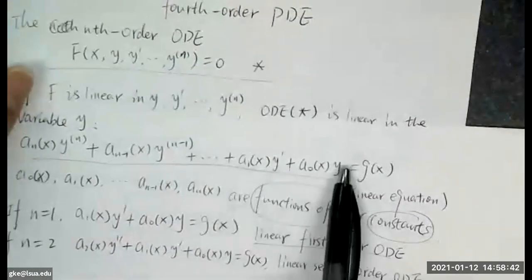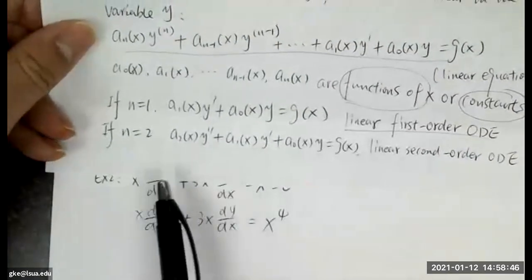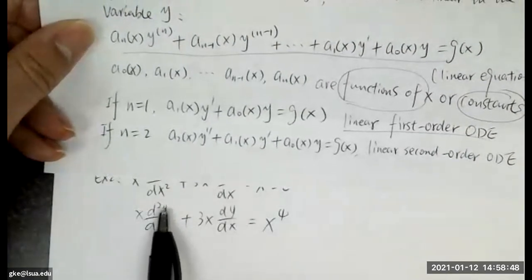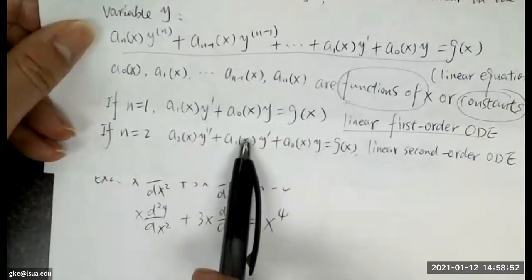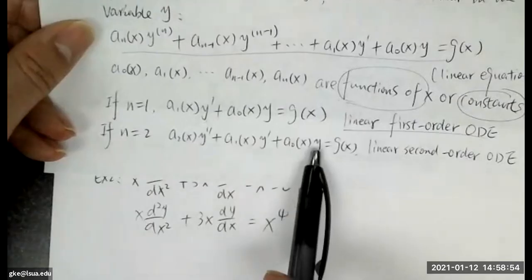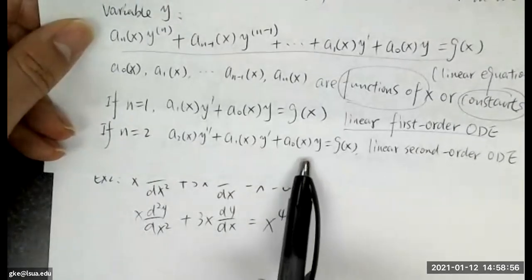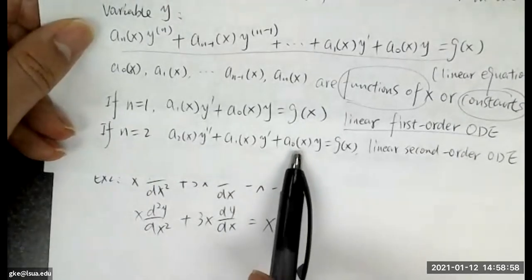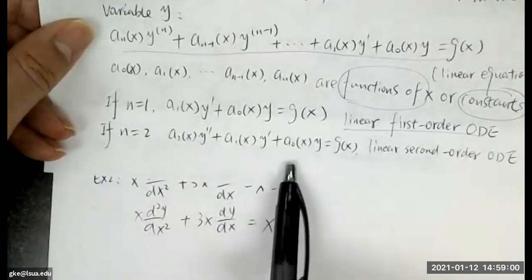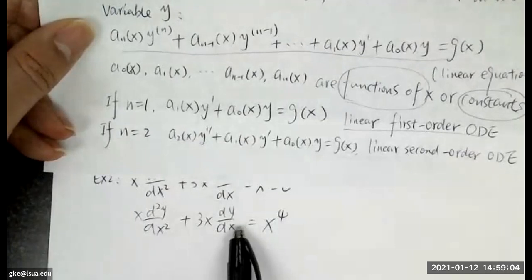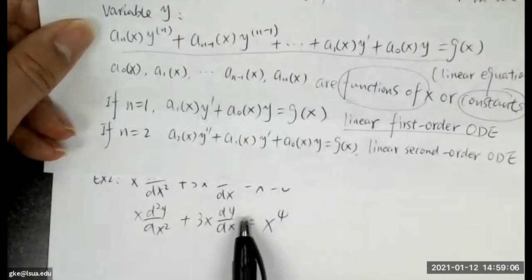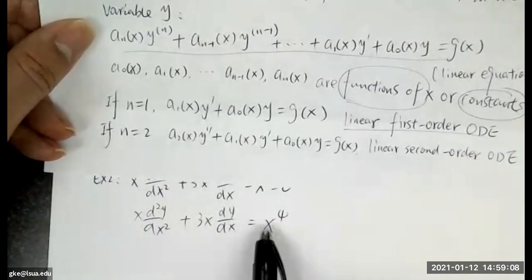How about this time? Okay. So let's take a look. Here is a second derivative. Here, a2x is x, a1x is 3x. And here we don't have a y term. That means what? A0x equals 0, right? It's a constant. 0 is a constant, right? 0 times y is 0. So you don't show it here. And the gx is x to the power x.